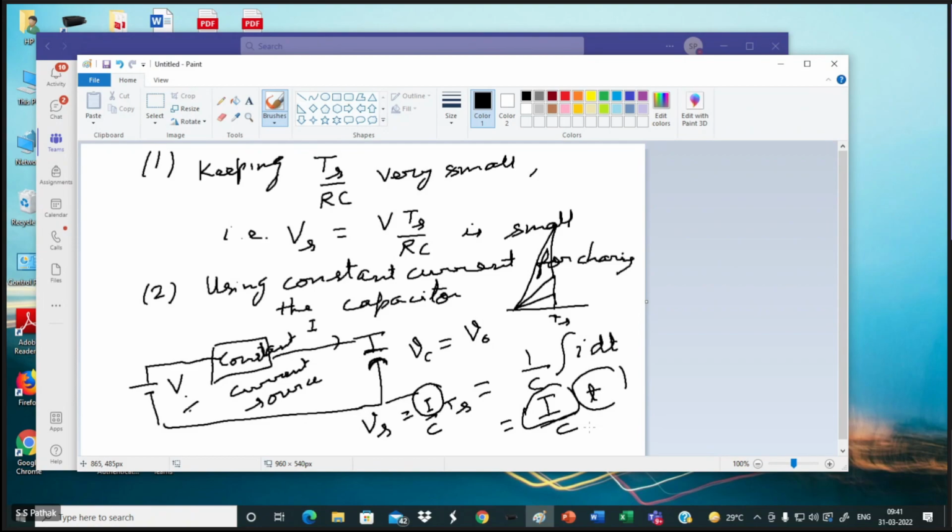So that way I will be able to get some desired sweep peak for a given required Ts. Okay. Is it okay now? Constant current source, plenty of circuits are there. I'll come to that in some discussion. Fundamentally, I am using this. Okay.